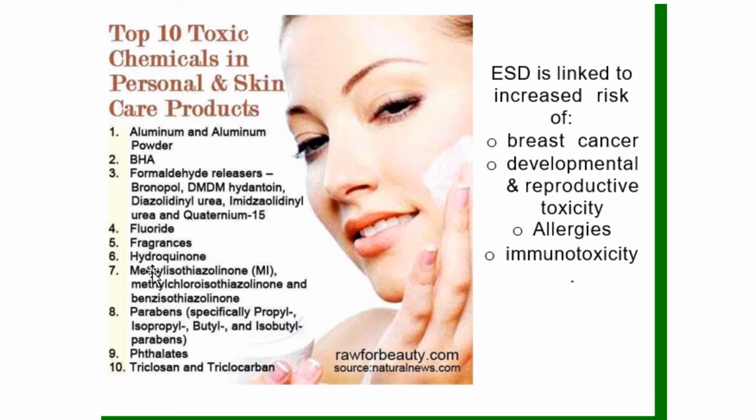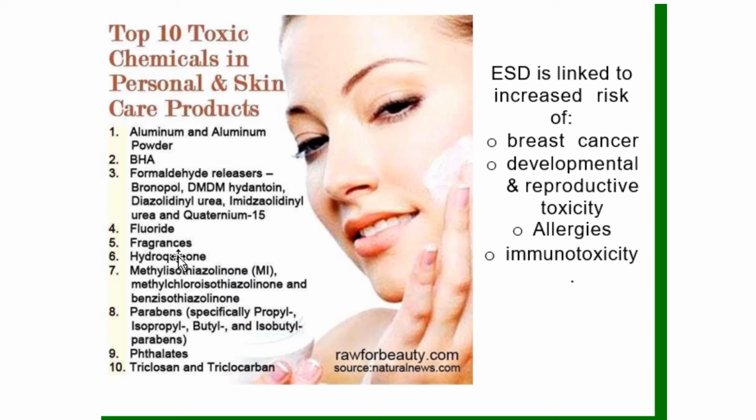Number 7, we have methylisothiazolinone, MI. It's very hard to pronounce, and considering that it's very hard to pronounce, how much more for your body to digest or to interact with these chemicals you are introducing to it. What are the examples of products containing MI?